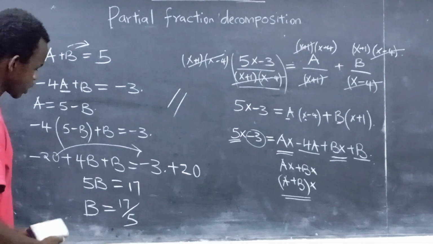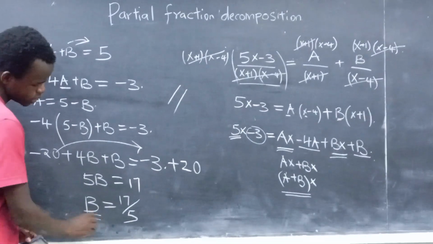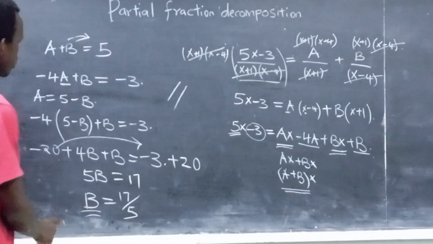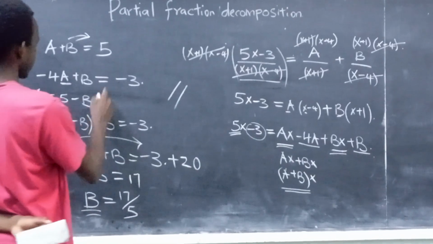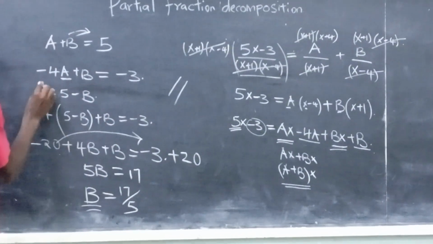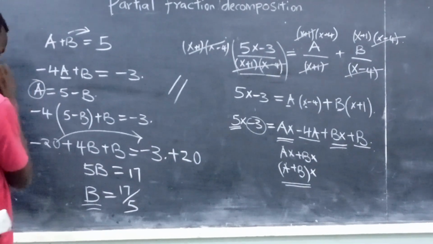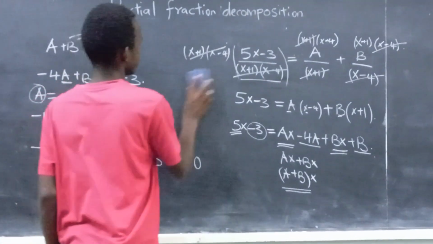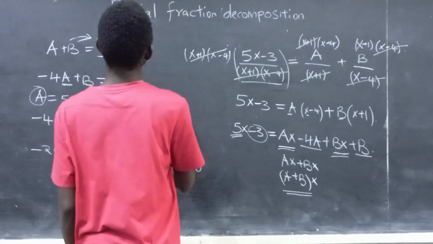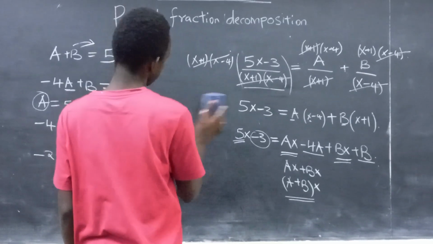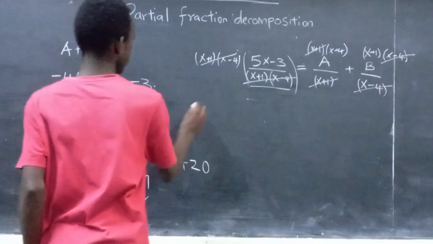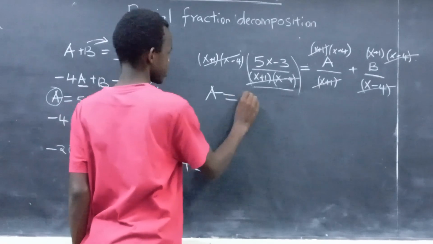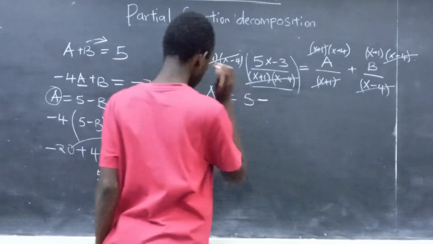So once you reach here, you will get your value of b. So once you get your value of b, let's find our a. We said our a is 5 minus b, right? And we got, okay, let me go here. Our a is the same as 5 minus b, but what's our b?